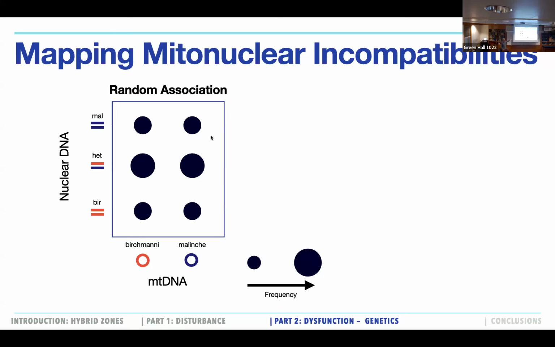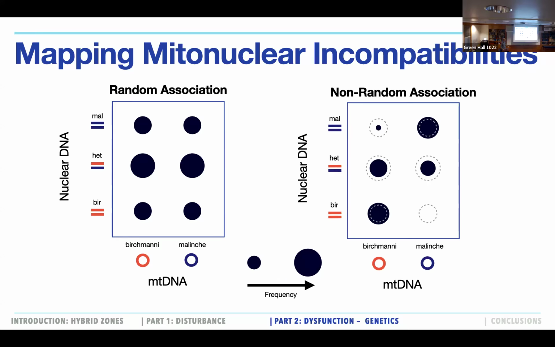So if there's no interaction, no association, we expect these two halves to look identical.